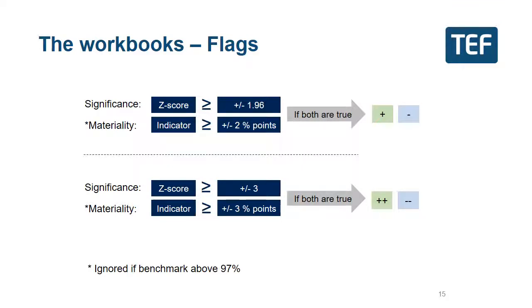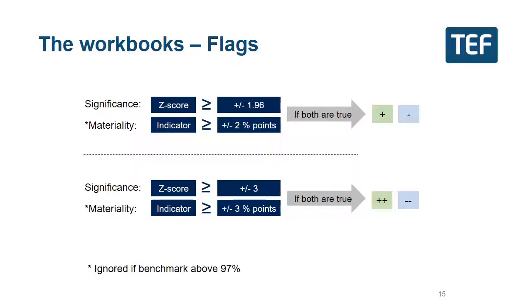To get a double positive flag, the plus plus, you need to have a Z-score of greater than 3 and a difference of greater than 3 percentage points. Again, that materiality test is ignored if your benchmark is above 97%, because if we didn't do that, it would be impossible to get a double positive flag in that situation.